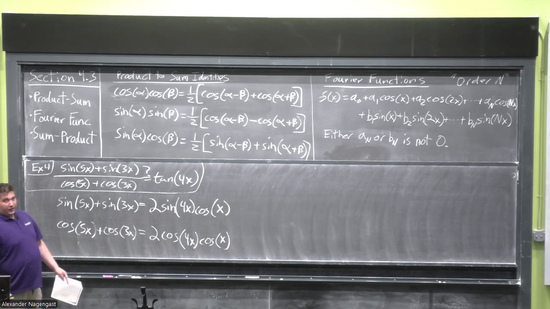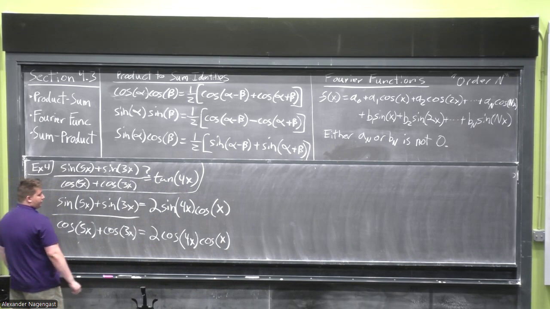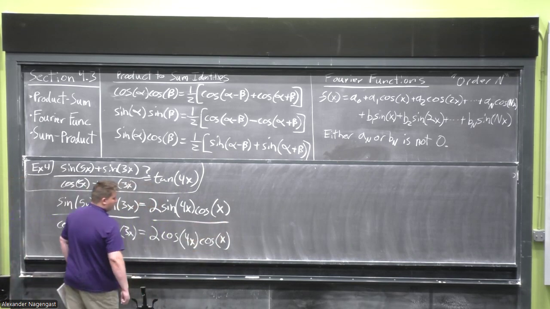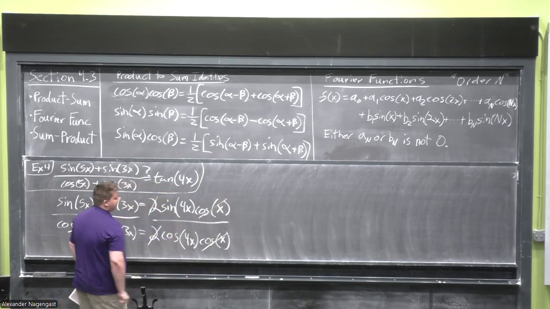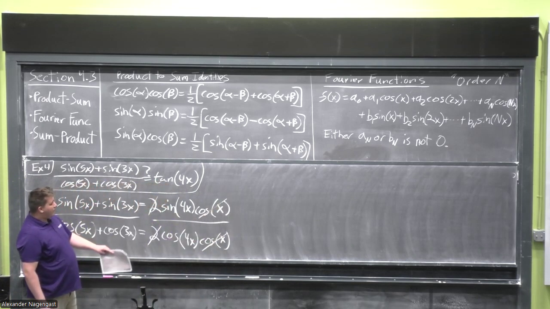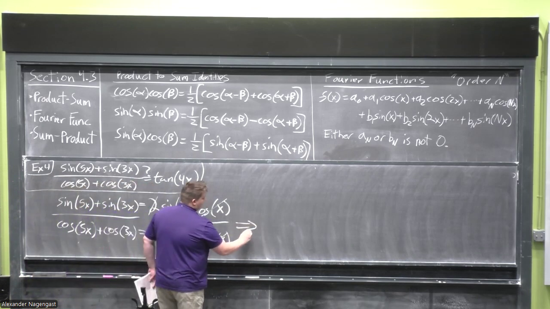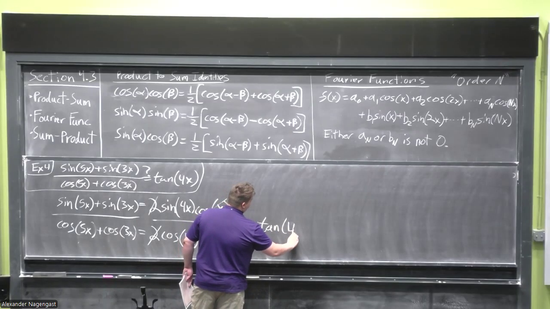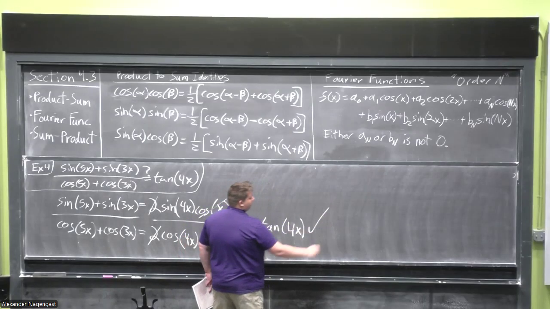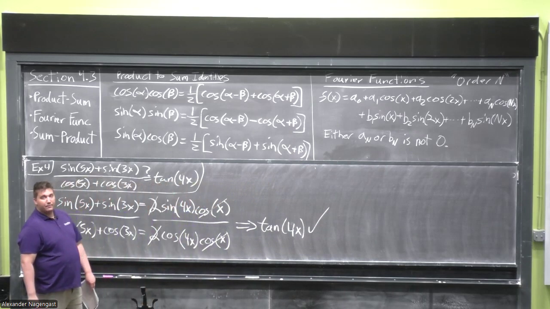Well, all that we really have to do now is divide these two solutions. Well, 2 cancels with 2, cosine x cancels with cosine x. That leaves us with sine of 4x divided by cosine of 4x, and we have tangent of 4x. Therefore, we have verified the identity. We got there.